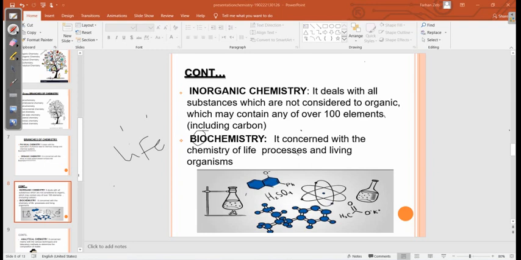How? If we study the body of human beings, the molecules present in the human body are always studied under the shade of biochemistry. It is concerned with the chemistry of life processes and living organisms.